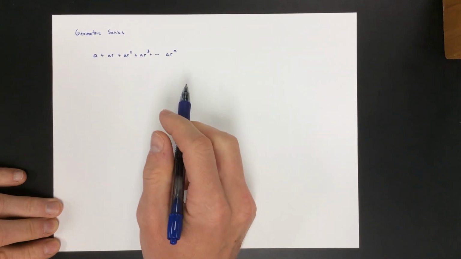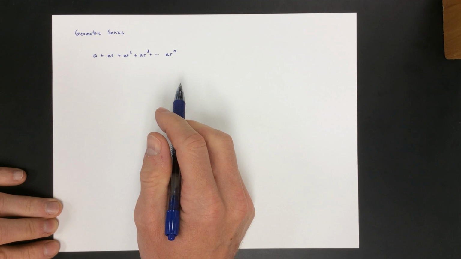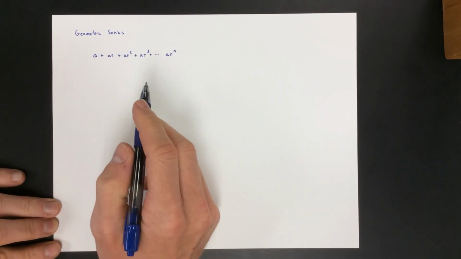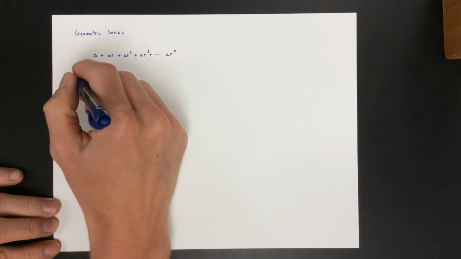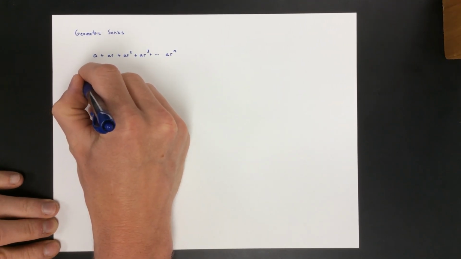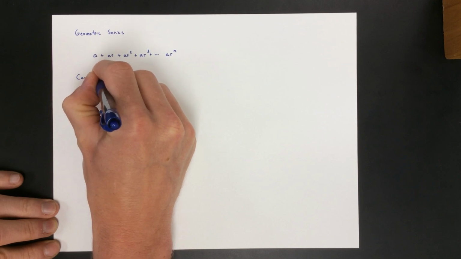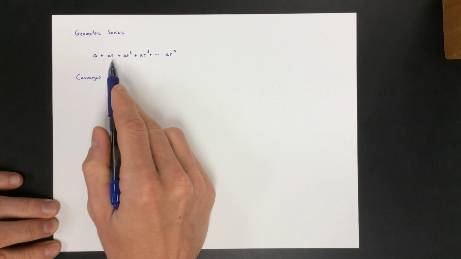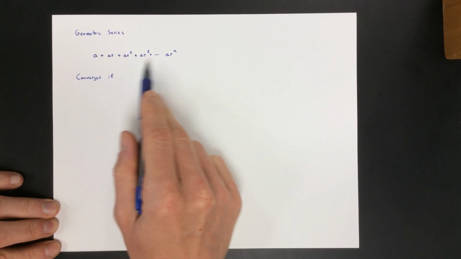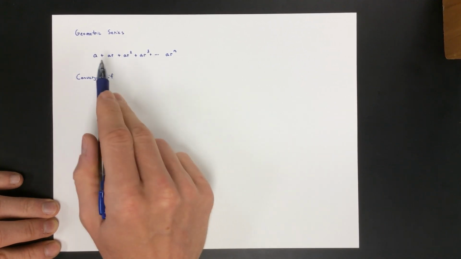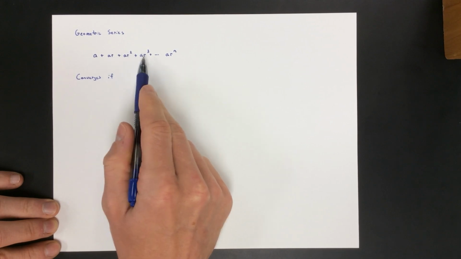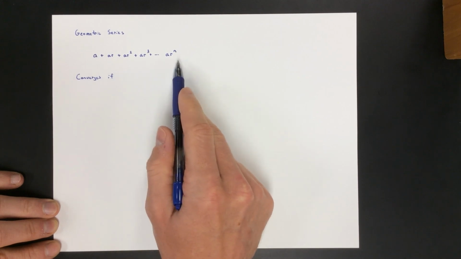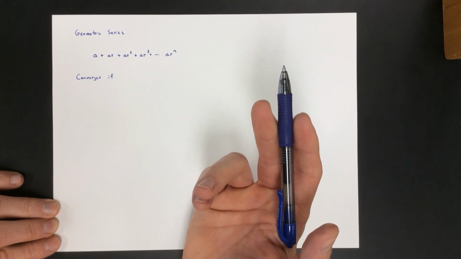Let's think about what this means for the series. We want to see if the series converges or diverges. It's pretty easy if you think about it. If R is bigger than 1, you see how this series would grow? You're multiplying by something bigger than 1, so you get bigger and bigger, and if you add up an infinite number of those terms, you'd have a bigger and bigger sum.